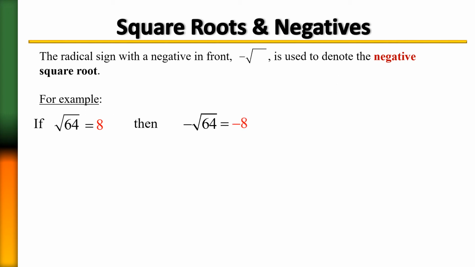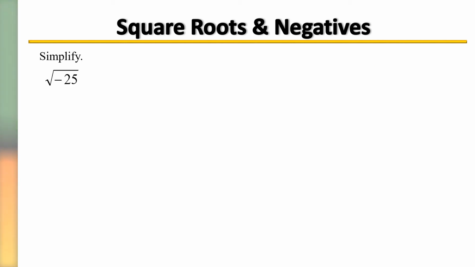Anytime you see the negative outside the radical symbol, you're simply negating your answer. It's always going to be the very opposite of that number, the additive inverse of that number. So what if you have the negative underneath the radical symbol? This time it's not outside, but rather inside.